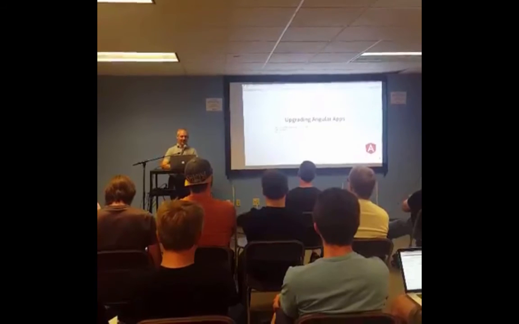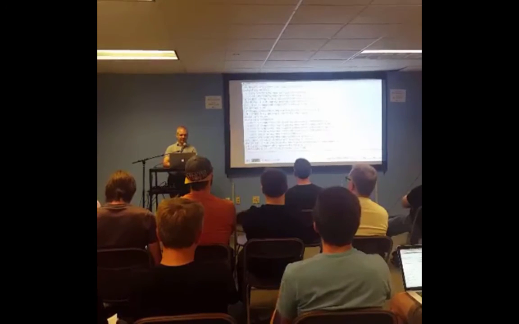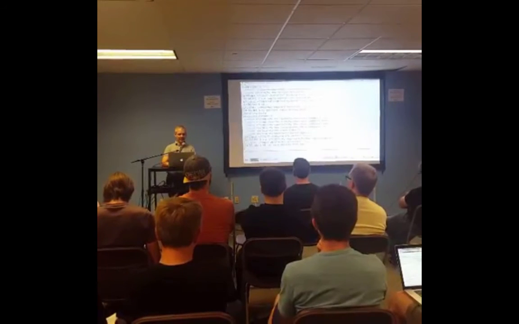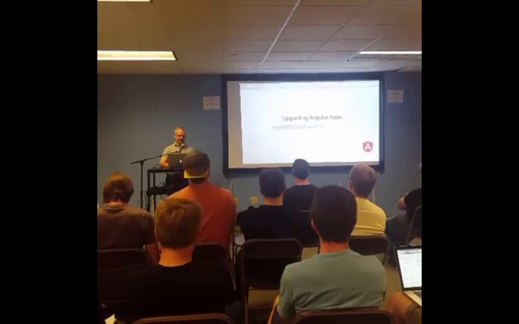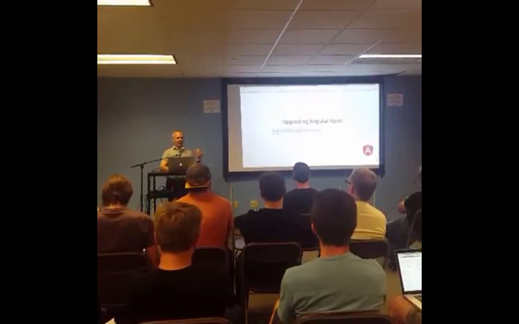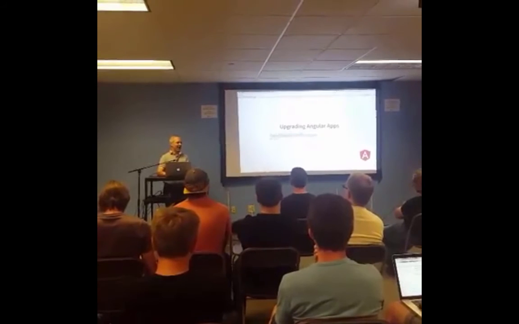What you do is go into your app and remove node_modules, dist, and tmp. So I'm going to do that. The reason you do that is that these are generated files or files you download. And then you actually update your CLI. I showed you how to install the CLI globally, but you also want to update the CLI per package.